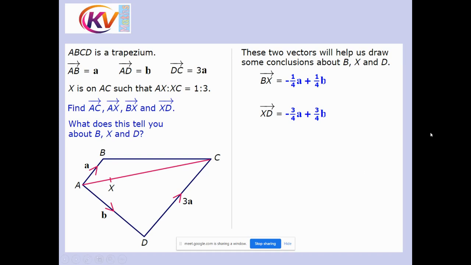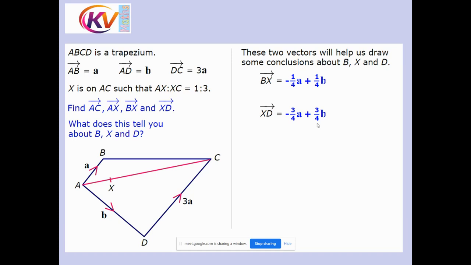BX and XD. We've worked out in the previous bit that BX was negative 1/4 A plus 1/4 B. And we worked out XD is negative 3/4 A plus 3/4 B. What's the magic word I'm looking for? Good, they're multiples.